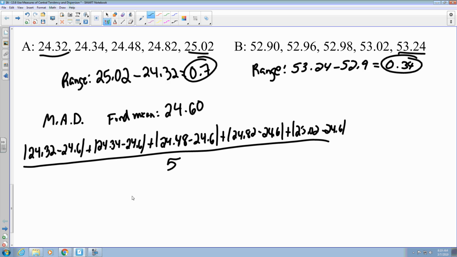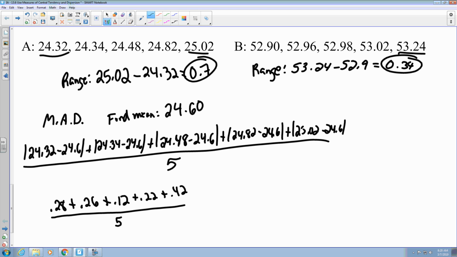So we look at these different absolute values. 24.32 minus 24.6 is negative 0.28, but because it's the absolute value, it's positive 0.28, plus 24.34 minus 24.6, that's negative 0.26, but positive because of absolute value, plus 24.48 minus 24.6, that's negative 0.12, but positive because of the absolute value. 24.82 minus 24.6 is positive 0.22, plus, to finish up, 25.02 subtracted by 24.6 gives me a positive 0.42, and again this is all divided by 5.